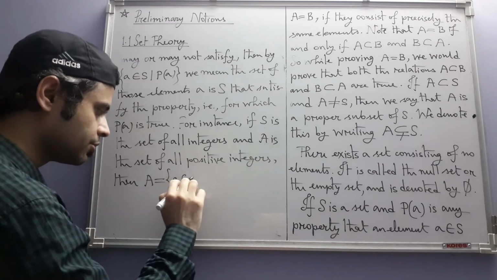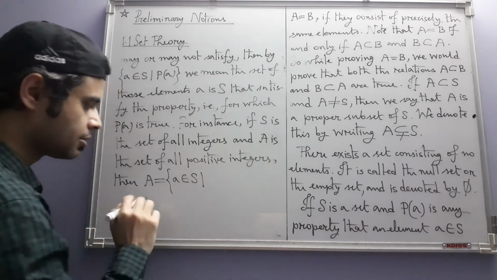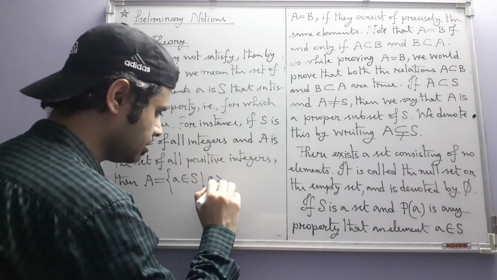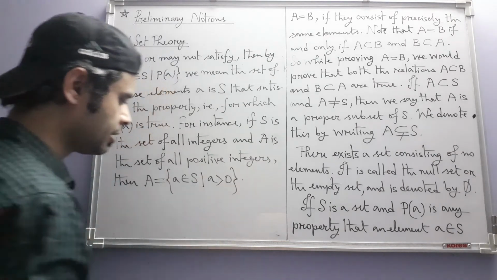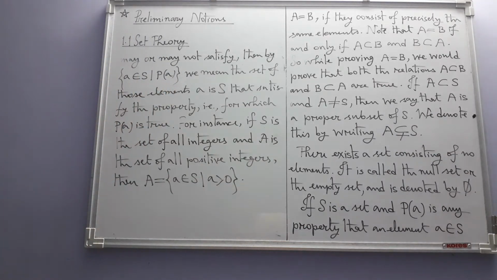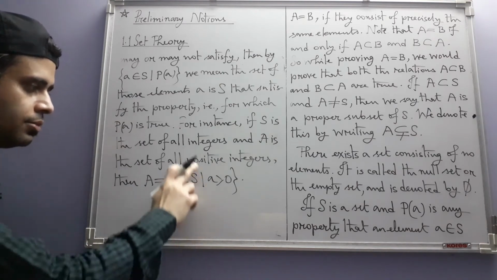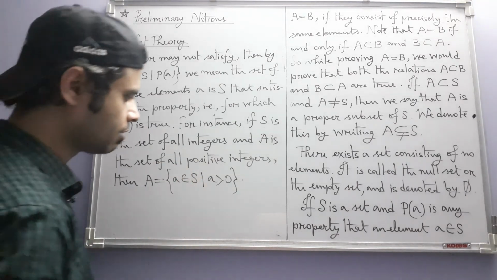It is the set of those a in S such that a is greater than 0. This symbol denotes such that, this vertical bar.